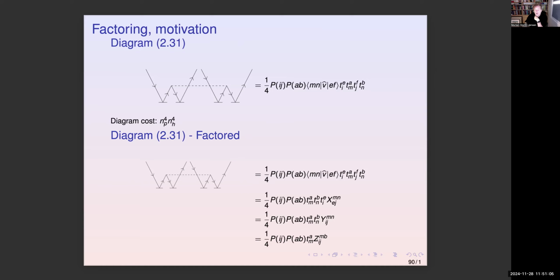And then I will end up with a final term where I have A and B as outgoing particle lines and I and J as incoming hole lines. And you see now the diagram here, you have two incoming hole lines, I here and J here, and two outgoing particle lines, A and B here.